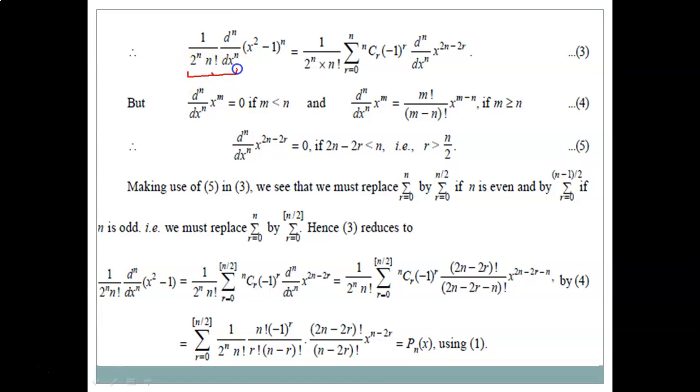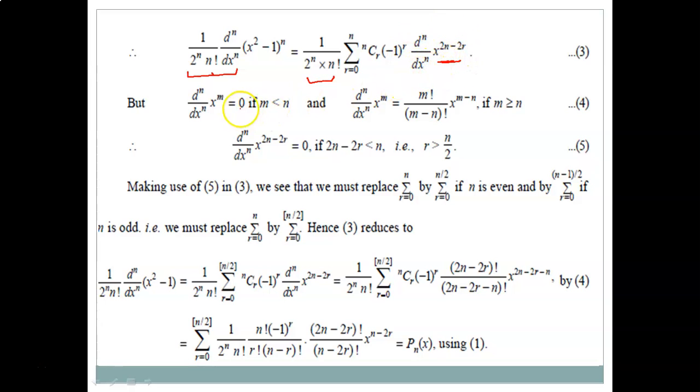On the left hand side we get this, and on the right hand side we take the nth derivative of the term containing the variable x. Let us see what it can give us.